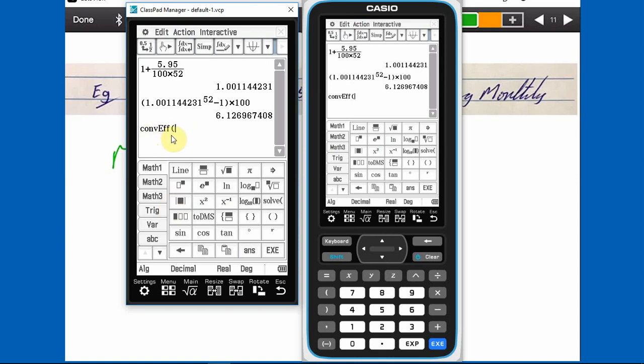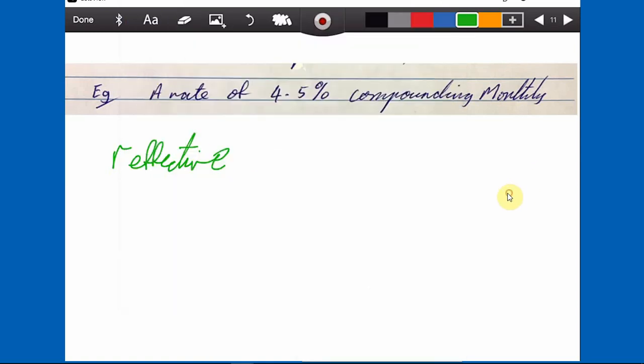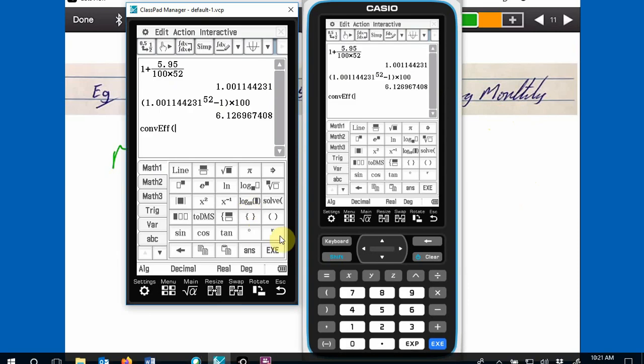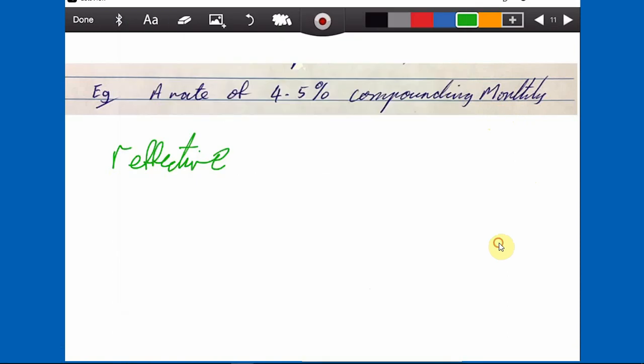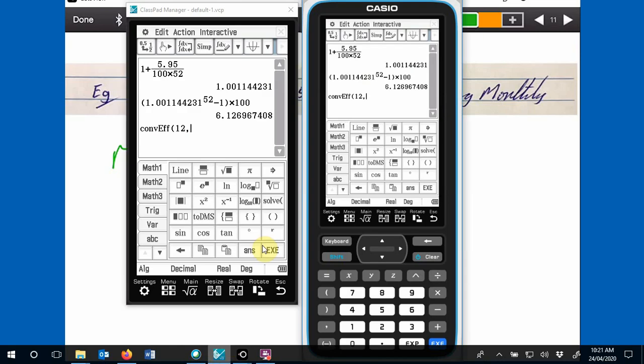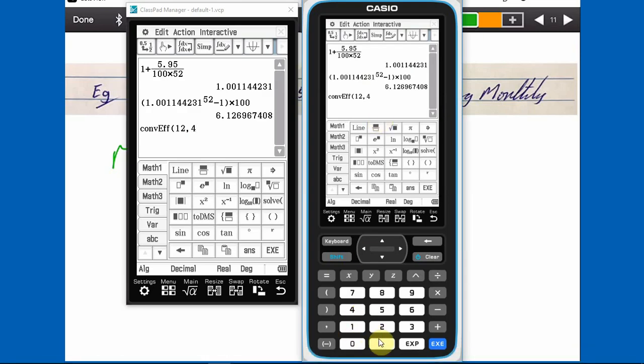Open the brackets, remembering our syntax. Our syntax is our compounding periods, which if it's monthly, is 12. Then we separate the information by a comma. And what is our nominal rate? 4.5%, so our nominal rate is 4.5.